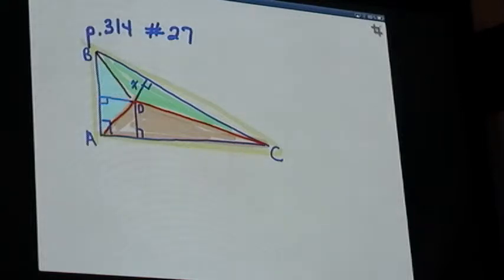Okay, so in order to do that, though, we would need to know what the area of the whole triangle is. So you might notice that the area of the whole triangle is equal to the area of each of these triangles added together. And so if we write these in terms of sides, then we can find out what x is. So watch how we do this. Okay, we're going to say 1/2 AB times AC is the area of the large triangle.